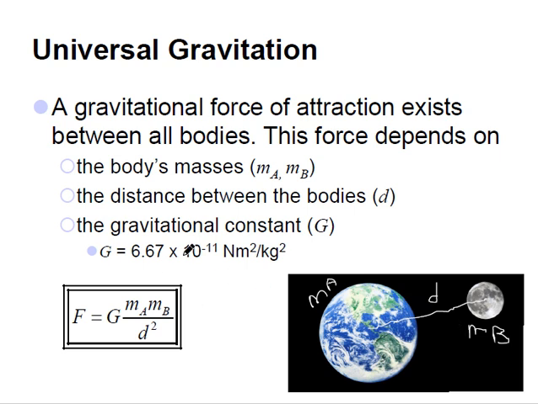That equation is just telling you the force increases with mass, because it's directly proportional. If you get rid of the constant, you have a directly proportional symbol. So the force is directly proportional to mass A and mass B, and inversely proportional to the distance between them.